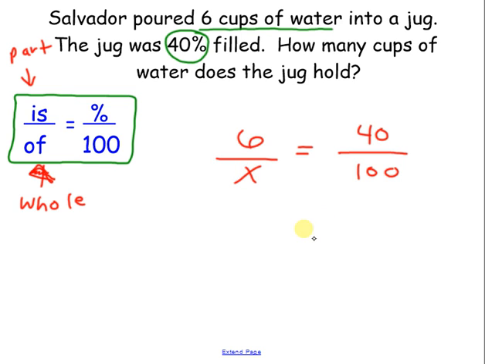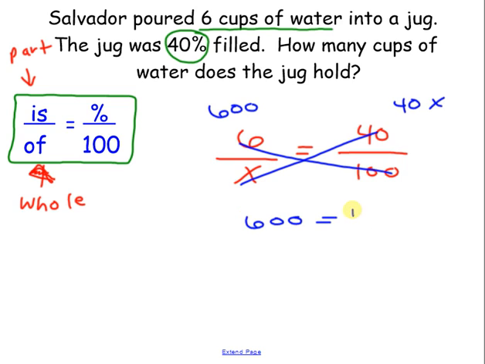We're going to cross multiply as normal. x times 40 is going to be 40x. 100 times 6 is going to be 600. Set them equal to each other. We're going to box the variable, divide by the coefficient that's attached to it.